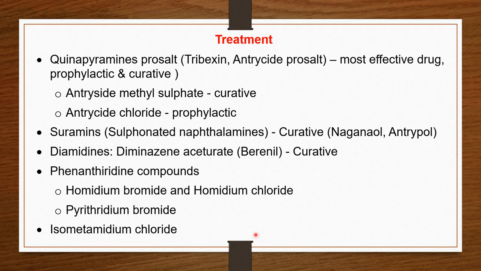These other drugs are curative, but the drug of choice and most effective drug is quinapyramine salt. In the treatment, along with this drug, certain symptomatic treatment is to be carried out and supportive therapy is also to be carried out.